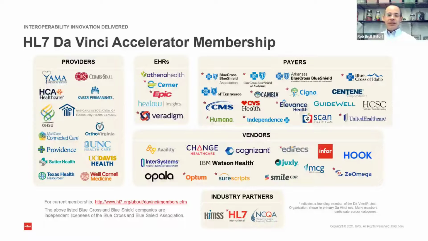One of those groups is the Vinci group at the HL7 organization. And it's a collection of lots of different organizations who are involved in creating these workflows that are specifically focused. In the Vinci case, they're specifically focused on payer, provider, and patient data exchange. And so payers and providers and EHR vendors, vendors like us, implementation vendors, industry partners, all get together to put our minds in the same room about what are challenges between payers and providers and patients that FHIR can solve.